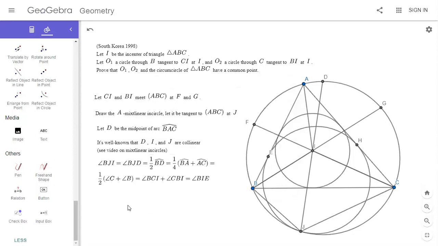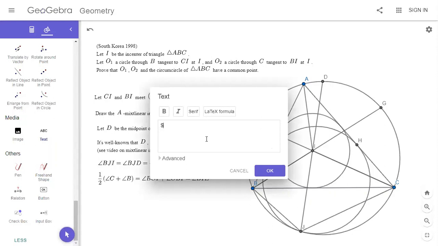Oh well. So basically, that means that the circumcircle BIJ is tangent to CI at I. So that means that the circumcircle of BIJ is O1.